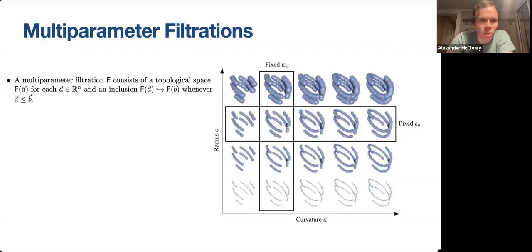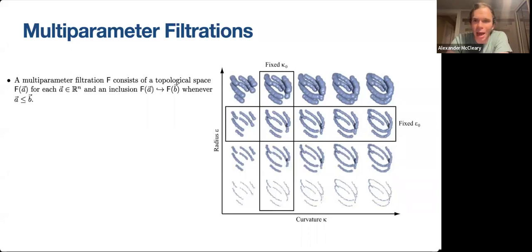Okay, so formally, a multi-parameter filtration consists of a topological space, which for us will usually be a simplicial complex, for each a in R to the n. And whenever we have vectors a and b in R to the n, if a is less than or equal to b, meaning all of the components of a are less than or equal to all of the components of b, then we need an inclusion of the topological space at a into the topological space at b.